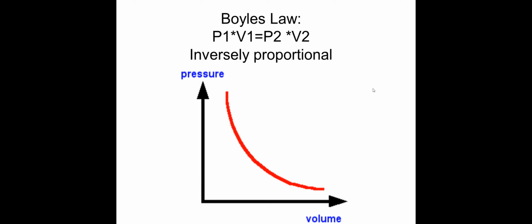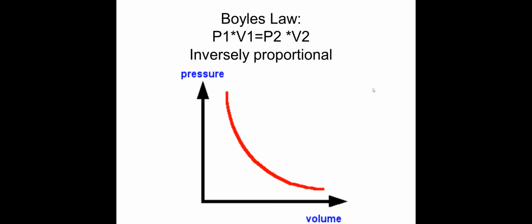So I would like you to take this and apply it to something on your own, but I would also like you to take this and try to apply it to the concept of lung compliance. Now remember, when we use the term lung compliance, it means the ability to accept volume at a given pressure.